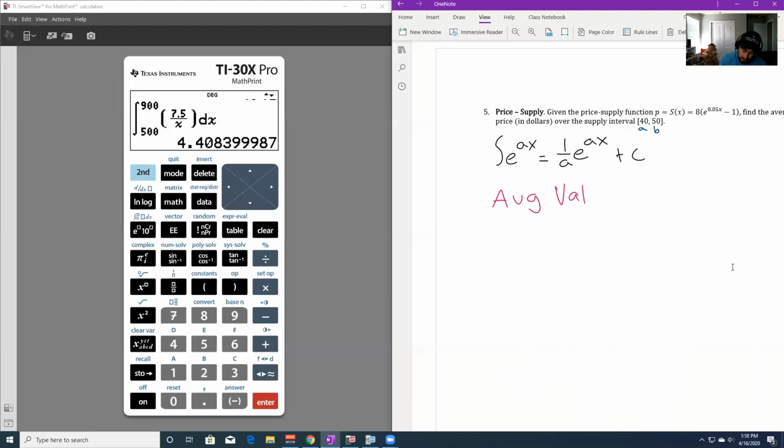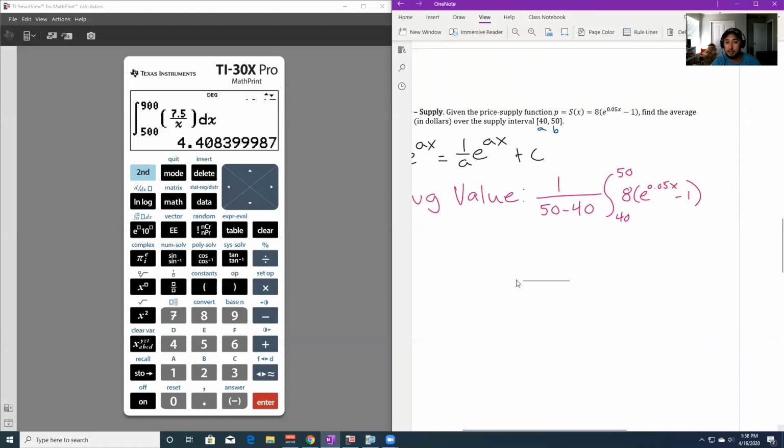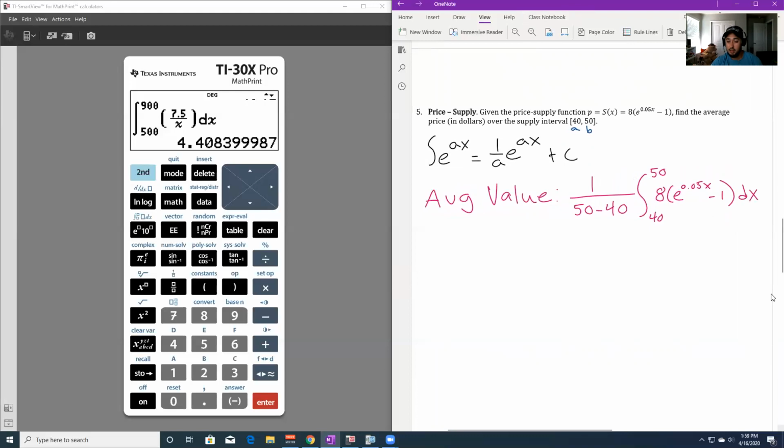Is going to be 1 over 50 minus 40 times the integral from 40 to 50 of 8 times e to the 0.05x minus 1 dx. Get this on the screen. There we go. Okay, we have some cleaning up to do.